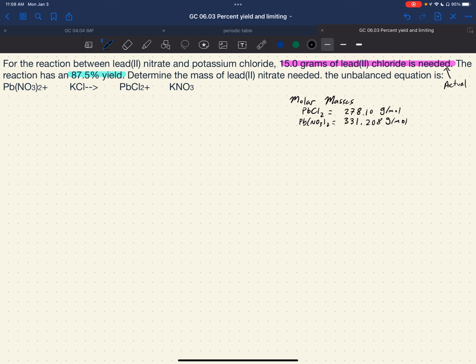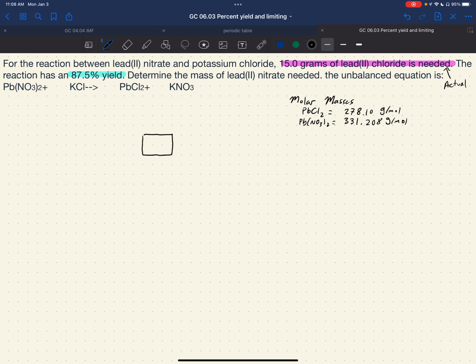Determine the mass of lead 2 nitrate needed. So that's a reactant, this reactant here. And I'm given information about lead 2 chloride. One of the things I'm going to ask myself is, is my wanted compound the same as my given compound? In this question, the answer is no, it is not.